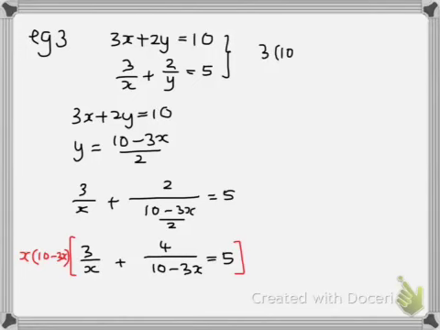So it becomes 3 times (10 minus 3x) plus 4x equals 5x times (10 minus 3x). You okay with that?